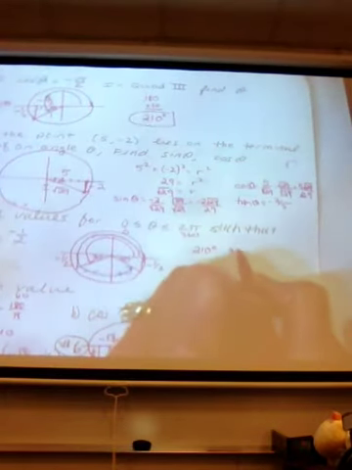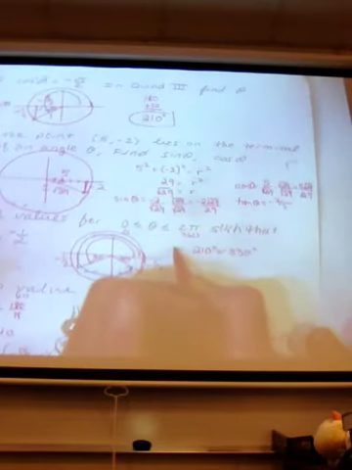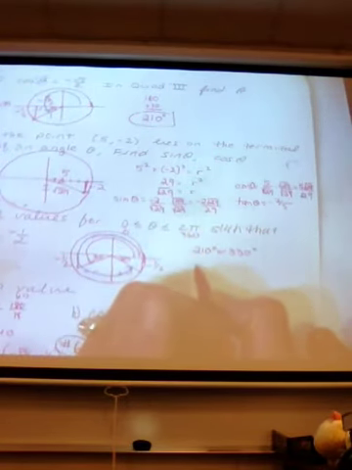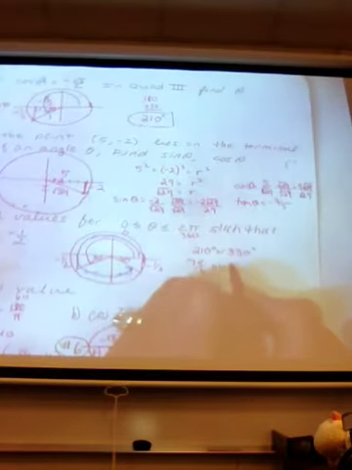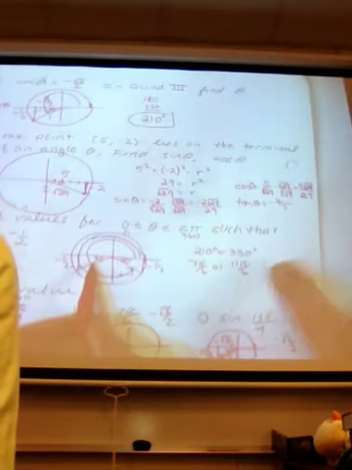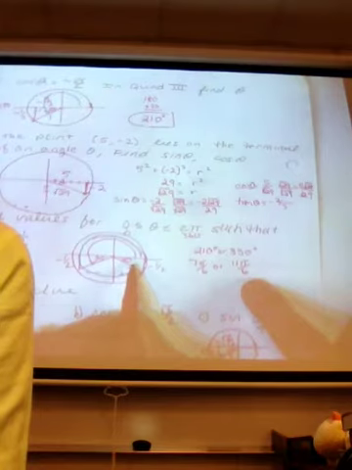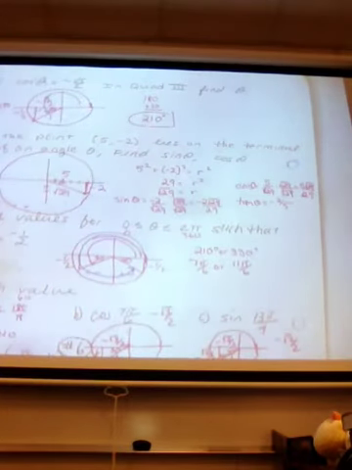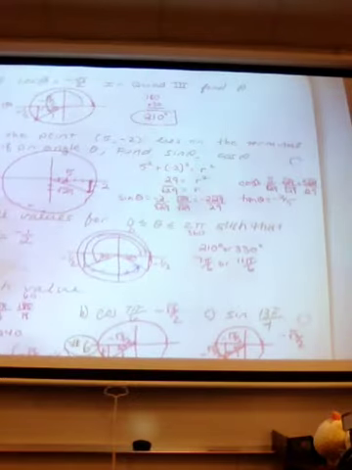And if you wanted those in pi, if I multiply this by pi over 180, you would have 7 pi over 6 or 11 pi over 6. Notice my reference angle would be 30. 12 pi over 6 would put it at 2 pi. If I take away a 30, it would be at 11 pi over 6.